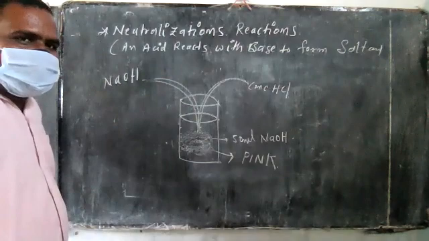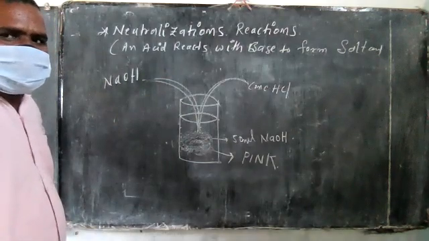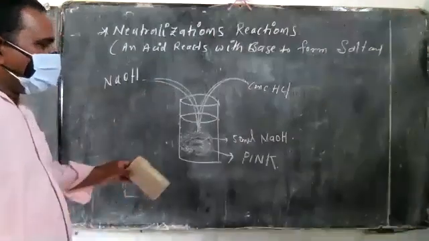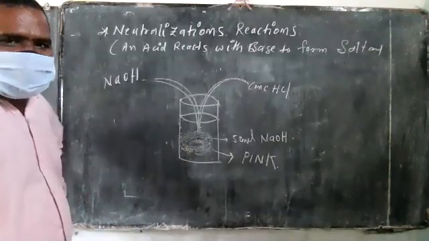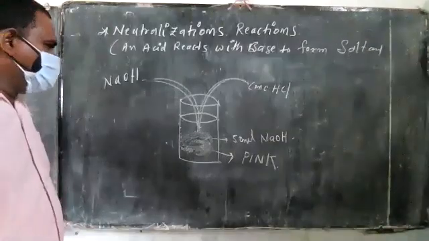So whichever is more dominant, that color shows, and here NaOH is more dominant. That's why the disappeared pink color reappears. Disappear, reappear, again and again.